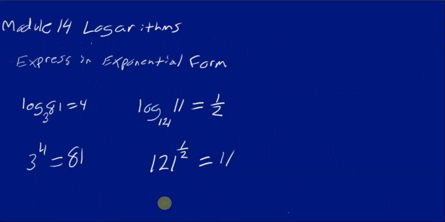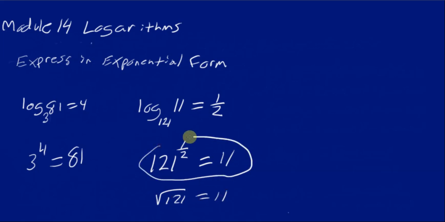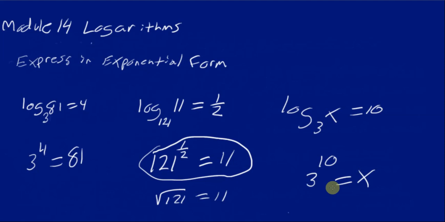So 121 to the 1/2 we all know is the square root of 121, which is equal to 11. This is what we're looking for if I just converted it to exponential form. So log base 3 of x is equal to 10. Writing in exponential form, base of 3, exponent of 10 is equal to the number x.